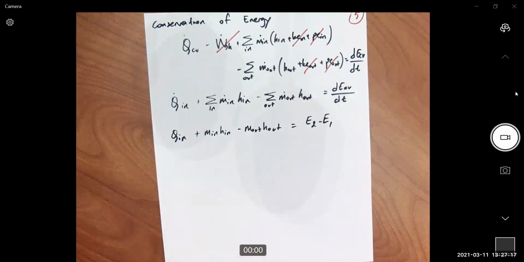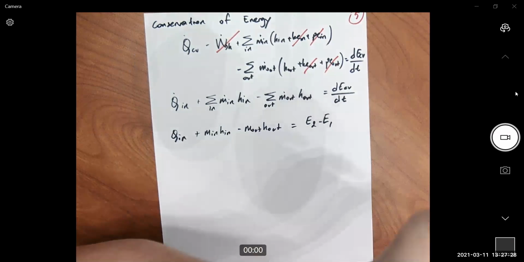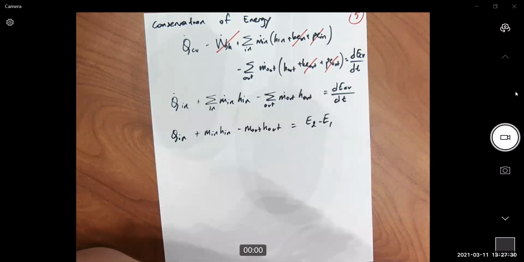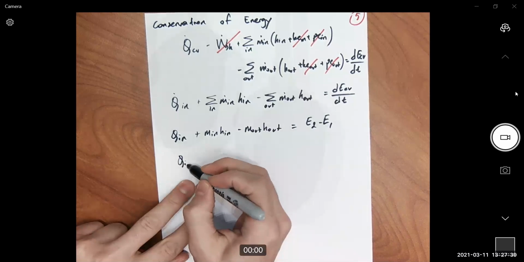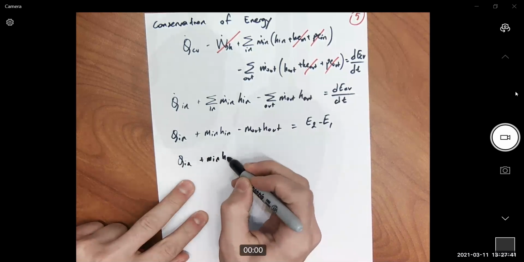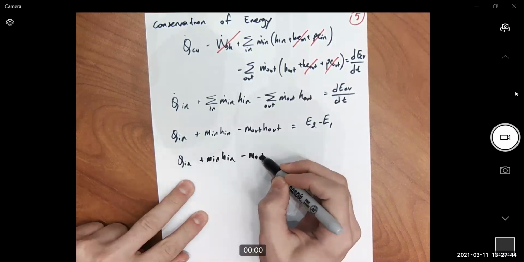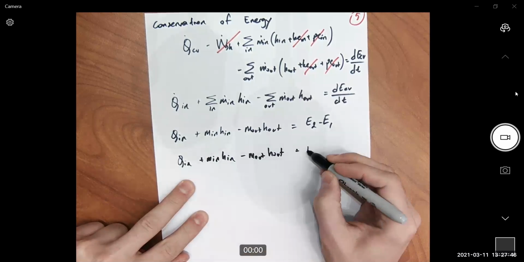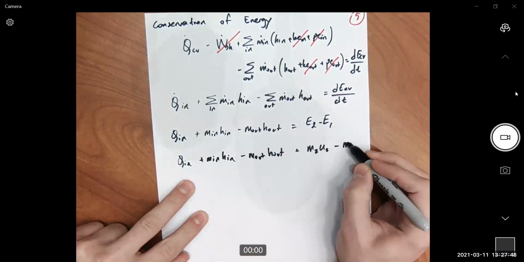What is E2 minus E1? The stored energy in the system. Remember the definition: stored energy is U plus kinetic energy plus potential energy. For this particular problem, I can neglect kinetic and potential energy, so it remains Q in plus m in h in minus m out h out equals m2 u2 minus m1 u1.